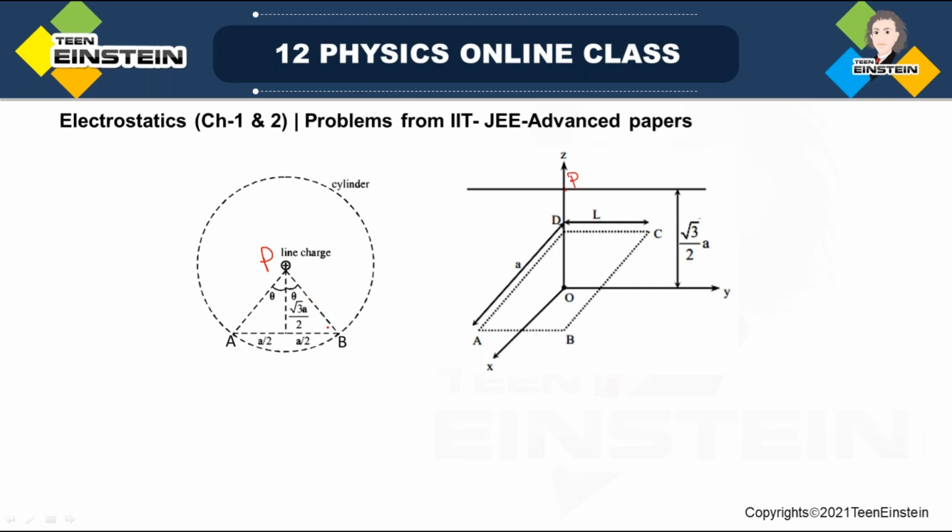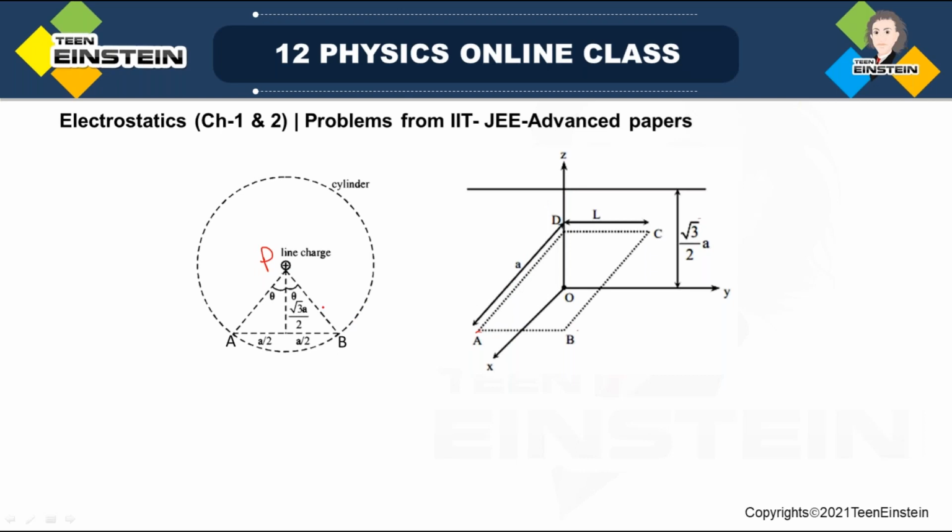So two lines I have drawn, and this is AB. I have drawn two lines up to the wire, and let us take that common point as P.